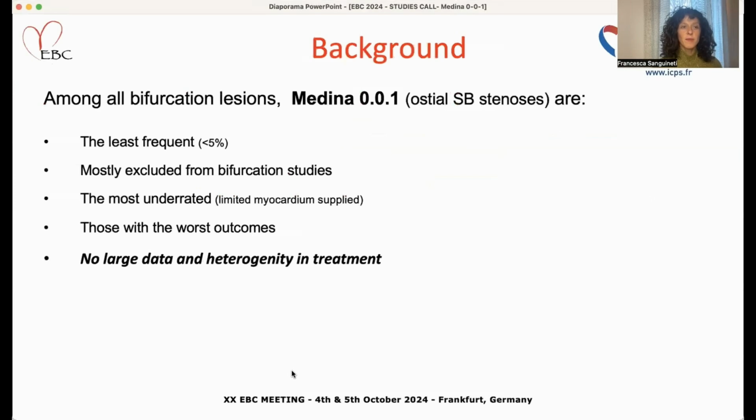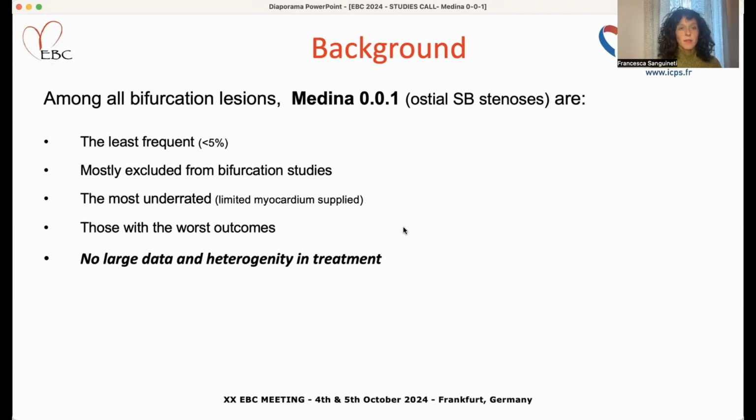Why this registry? Because among all bifurcation lesions, Medina 001 are the less frequent, mostly excluded from bifurcation studies, the most underrated, because probably we consider that this kind of bifurcation is associated to a limited myocardium supply, but they are also those with the worst outcomes.